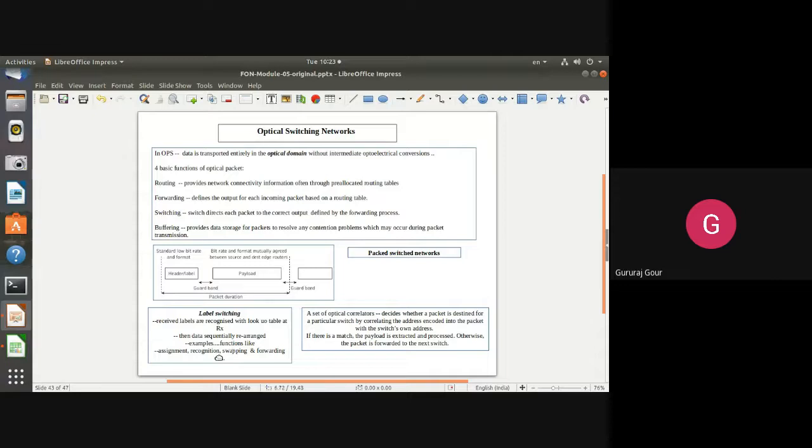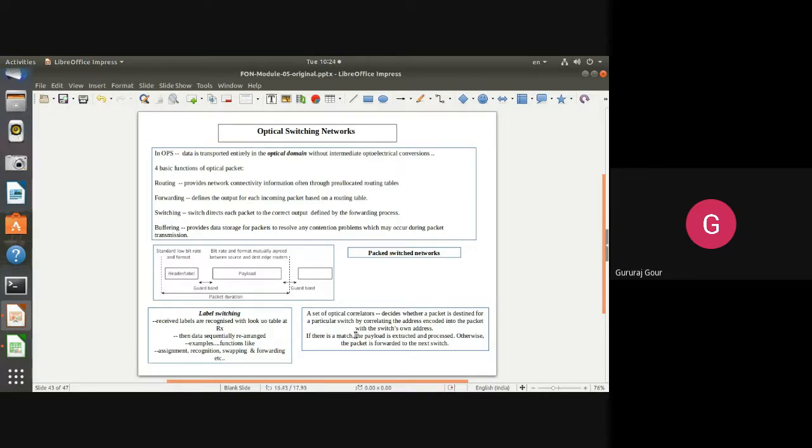That's why it needs functions like assignment, recognition, swapping, forwarding, etc. Therefore OPS is also known as label switching, because the identification of the data you transmitted is based on the labels.